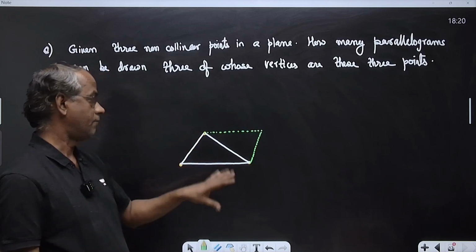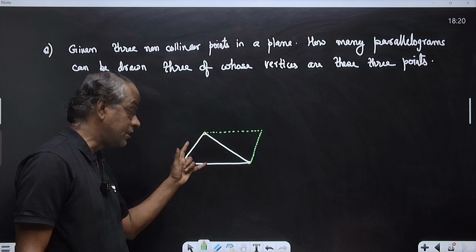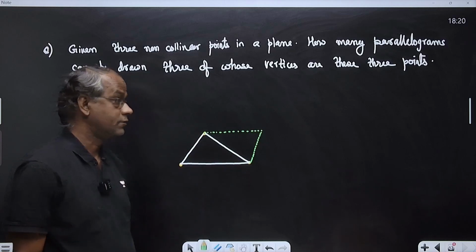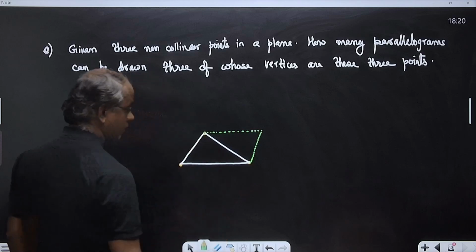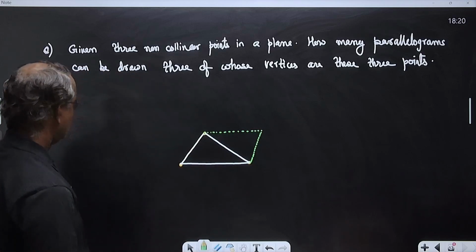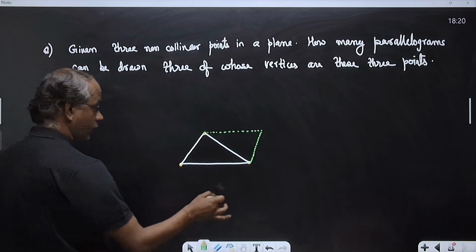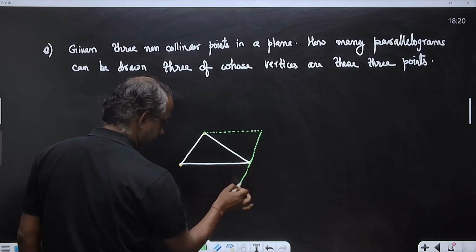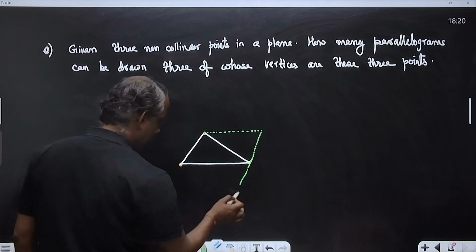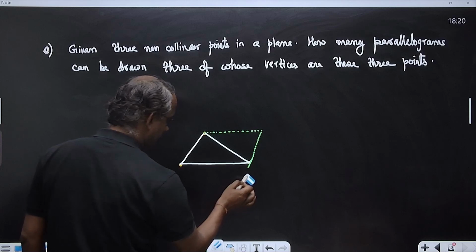This is a parallelogram. We have taken these 2 as sides and this as diagonal. Now suppose somebody says I take these 2 as sides and this as diagonal. So what are we going to get? Let us use a different color pencil.